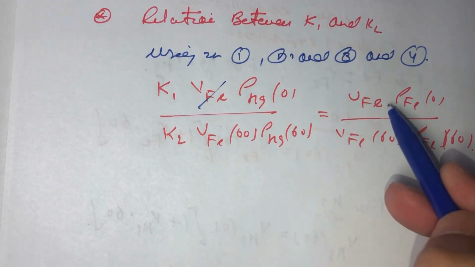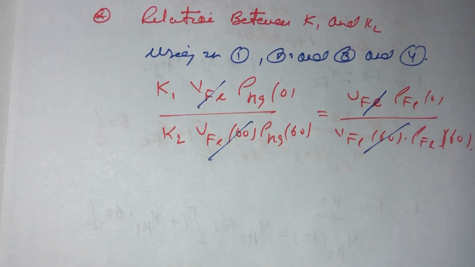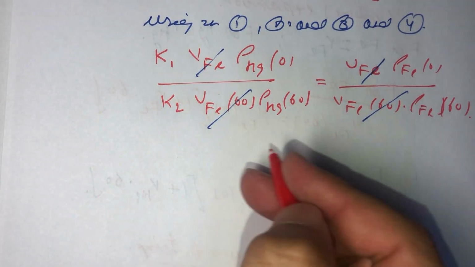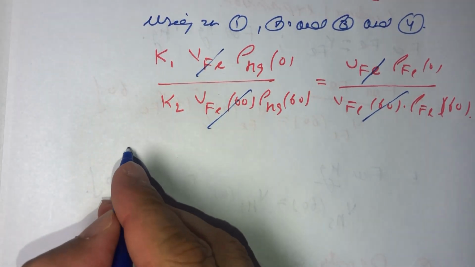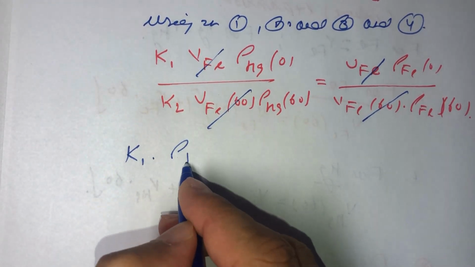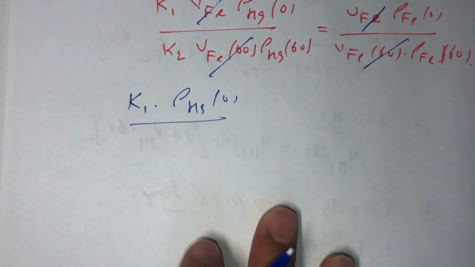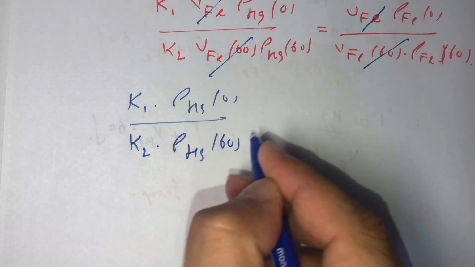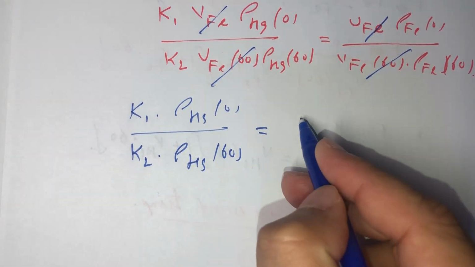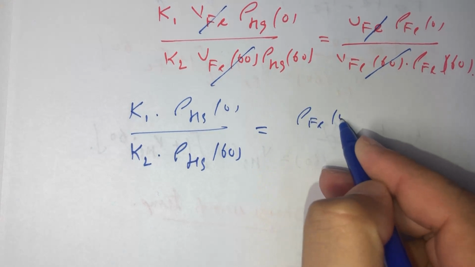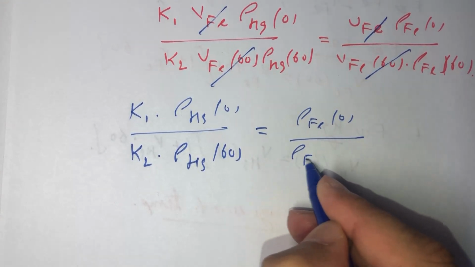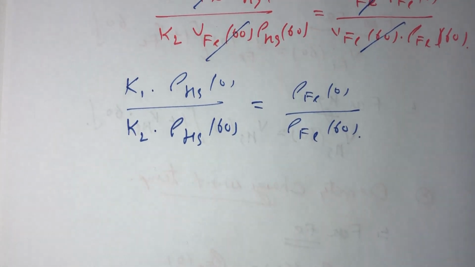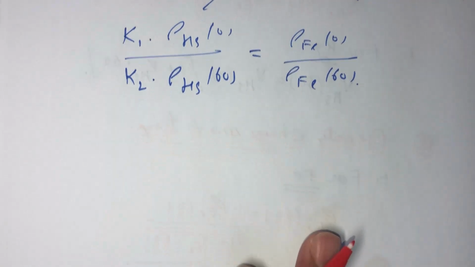So here these two terms cancel out, so we get K1 multiplied by density of Hg at 0 divided by K2 multiplied by density of mercury at 60, and this will be equal to density of iron at 0 divided by density of iron at 60. Okay, so we can make some adjustment here.